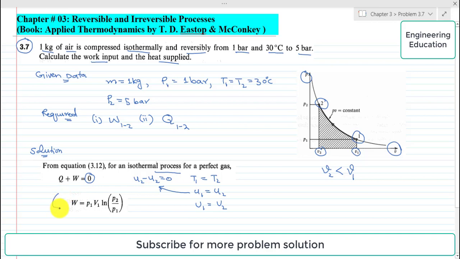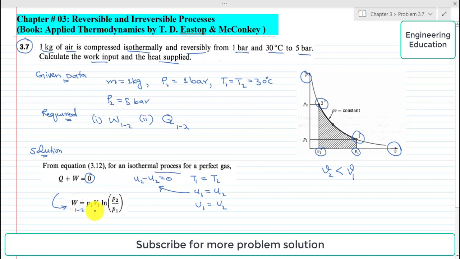Also the expression for work done for a reversible isothermal process for a perfect gas is also derived in the text, and that is equal to, if we write the subscript from 1 to 2, so this work done will be for this process specifically compression.